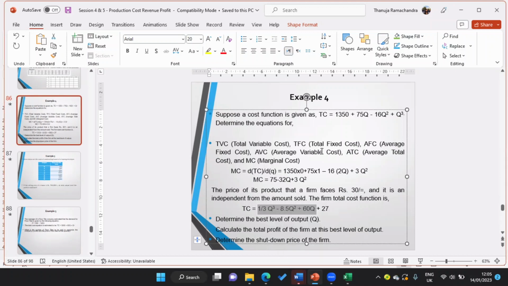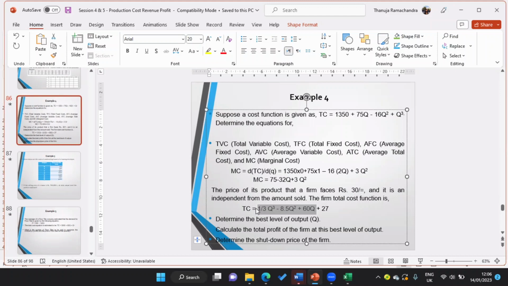The shutdown price. Yeah, if you see the minimum of average variable cost and the price, they should touch, right?